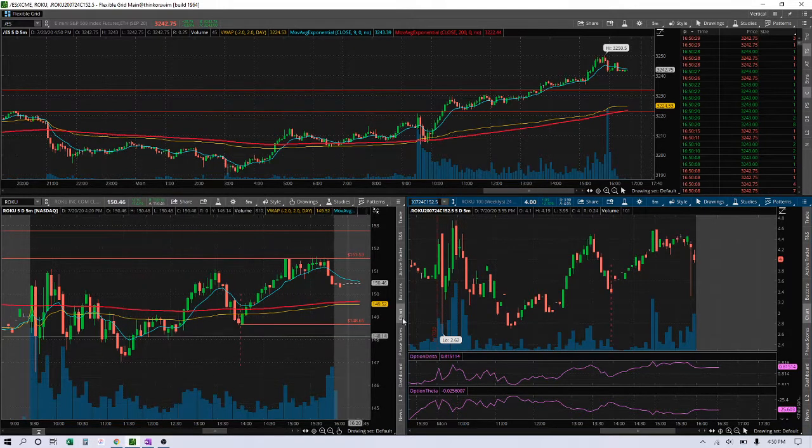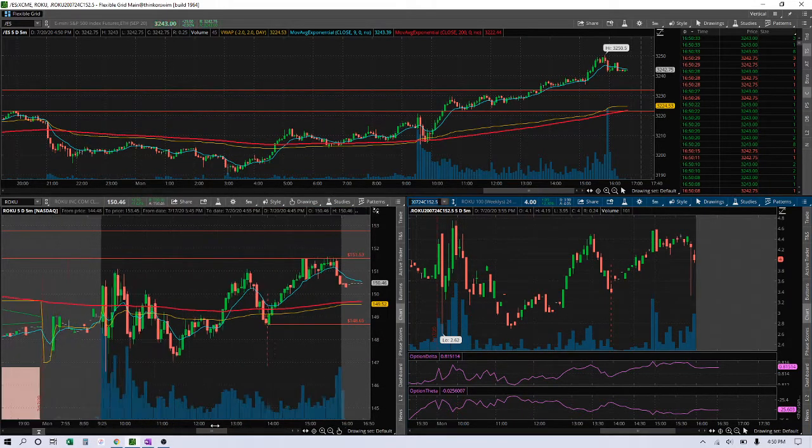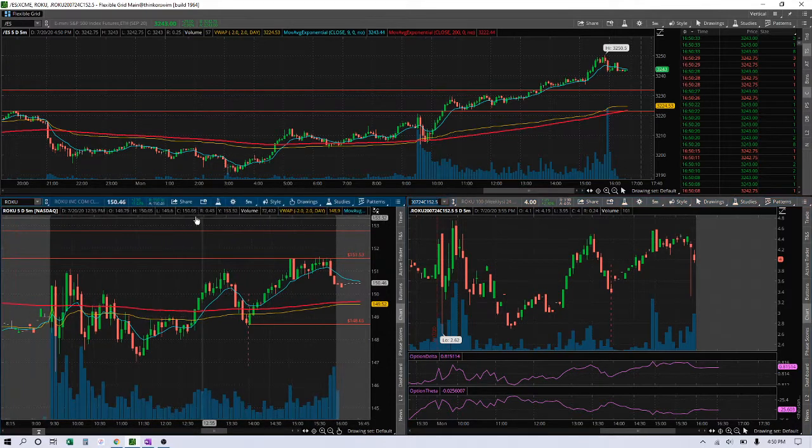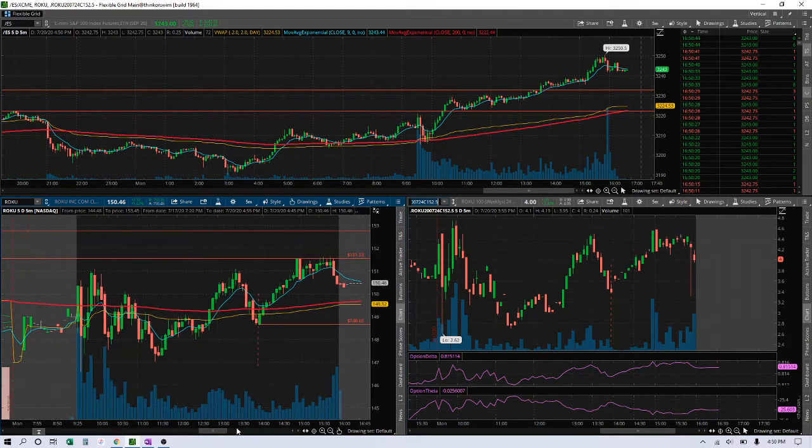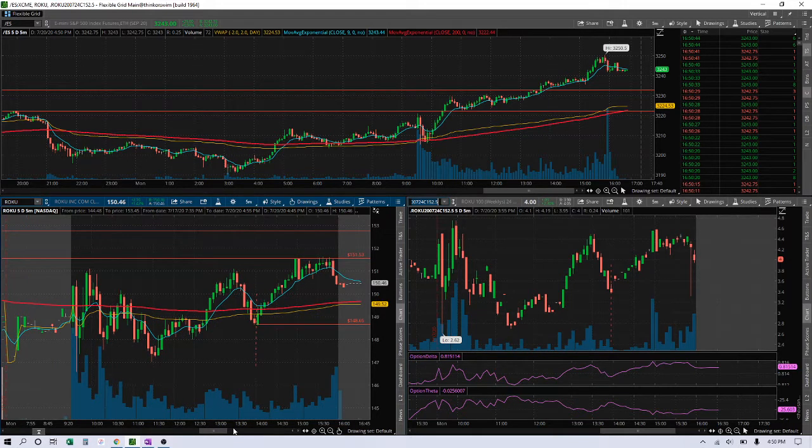So the first thing you need to understand is that each option is priced by a couple of different factors. It is easy to think that the stock price is by far the most important factor, and that when the stock's going up, the option's going up.